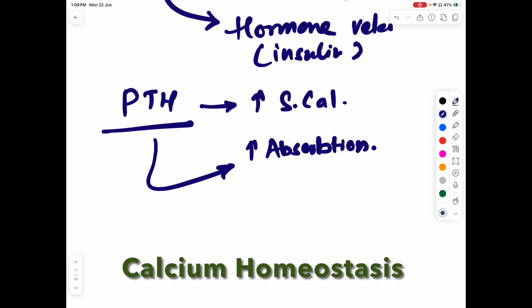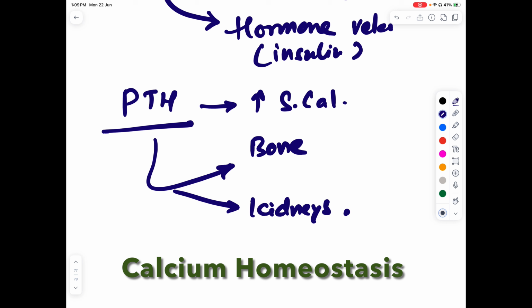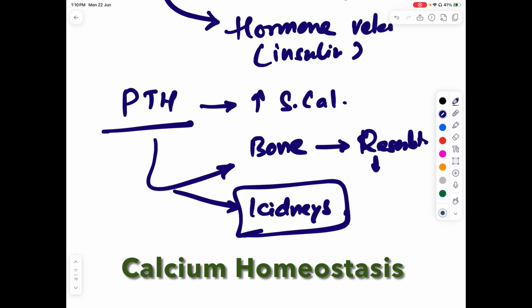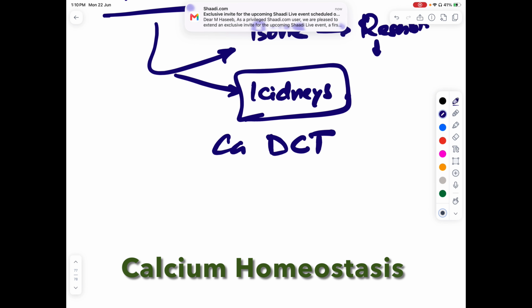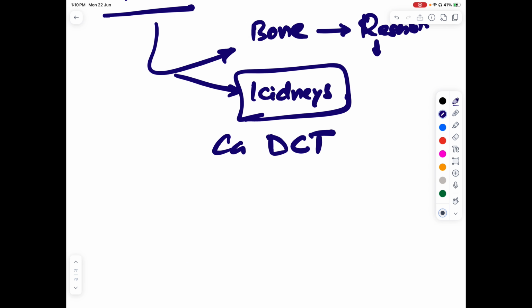It acts first of all through bone and kidneys. In bone there is bone resorption, and calcium is released into the blood. In the kidneys it acts on calcium absorption in the distal convoluted tubule, and activation of vitamin D leads to calcium resorption.